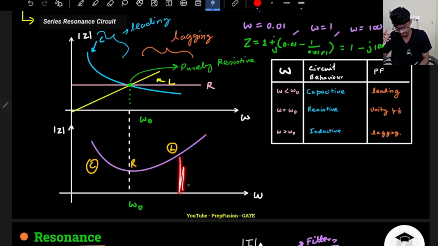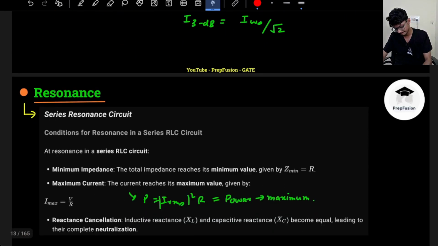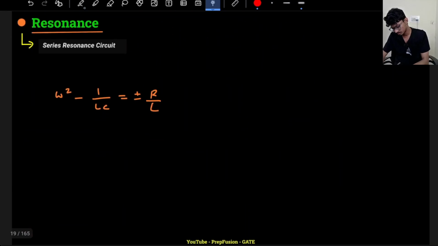So this is the omega H basically. Omega H is here somewhere. At this region, the impedance at this particular point is R plus jR, because R is the reactance also, because XL minus XC is equal to plus R. So this will be plus R when it is omega H whole square.